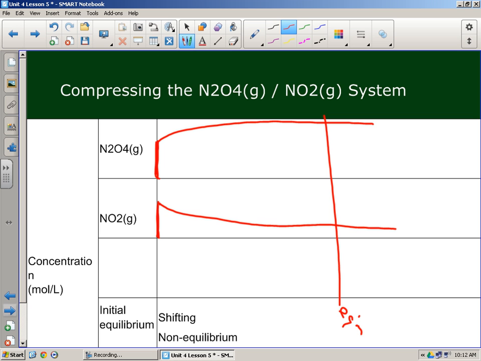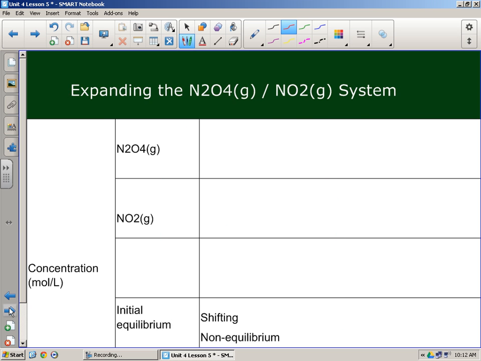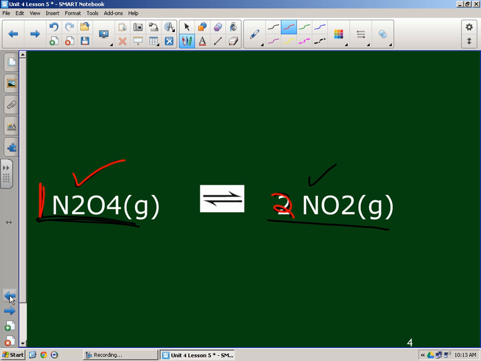Vice versa, of course, what happens if I expand the system? Volume gets larger. If the volume gets larger, the concentration gets weaker. So you're going to see a spike down and a spike down. If I expand the system, I'm giving it more room. It favors the one that goes to more molecules, which in this case, if you remember back to this equation here, the more molecules one is now this one here.